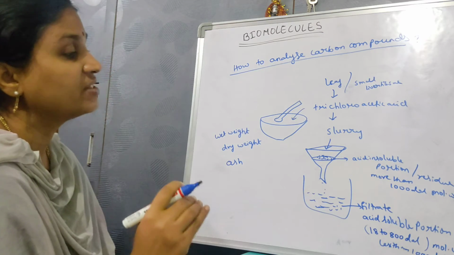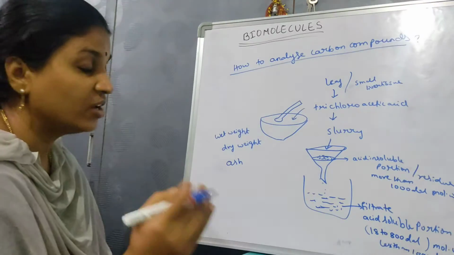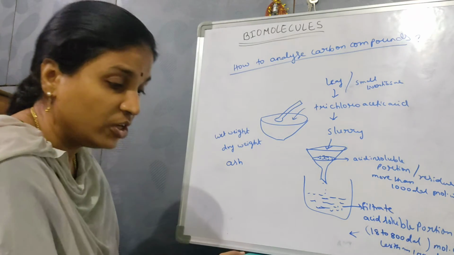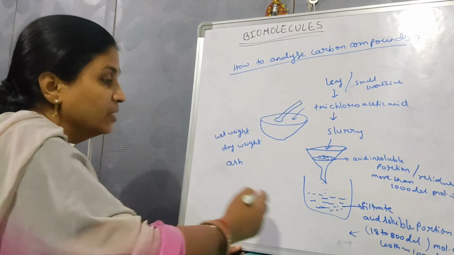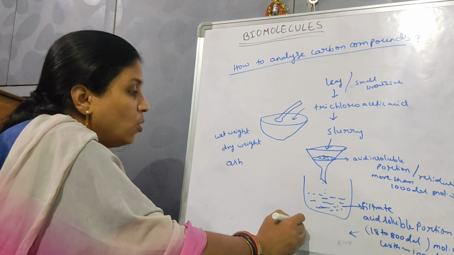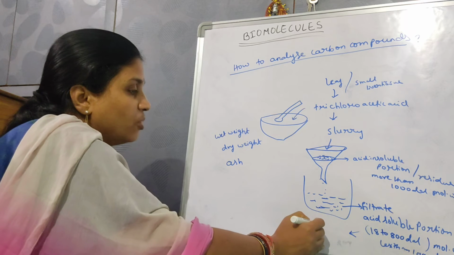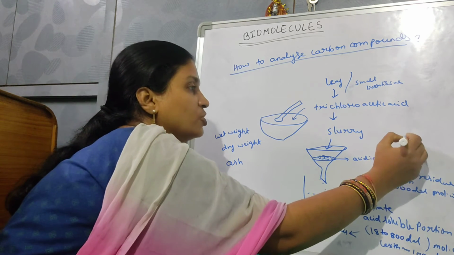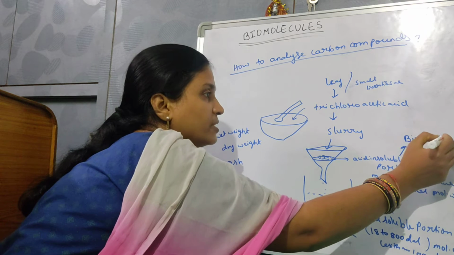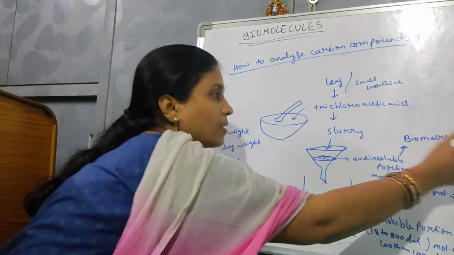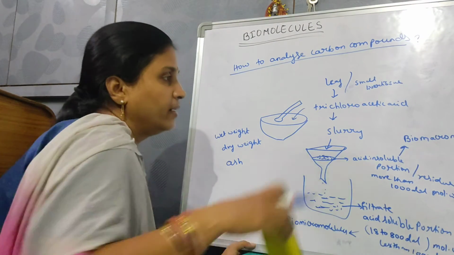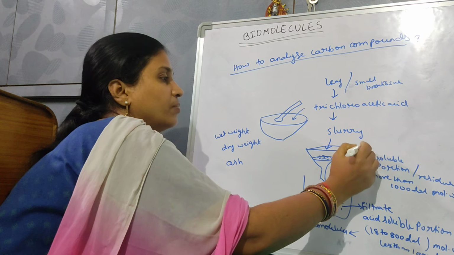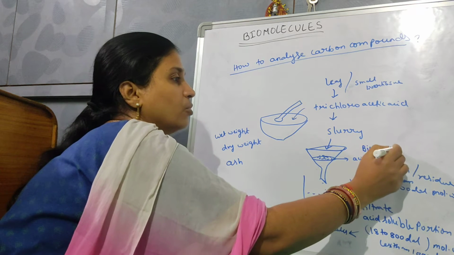The acid soluble portion is going to have substances of molecular weight less than 1000 daltons. So the biomolecules which are present inside the acid soluble portion are called biomicromolecules. In the acid insoluble portion, biomacromolecules are present.